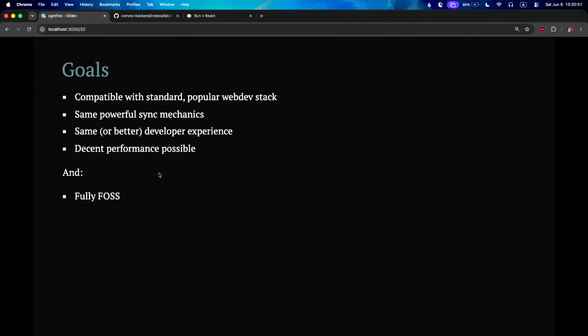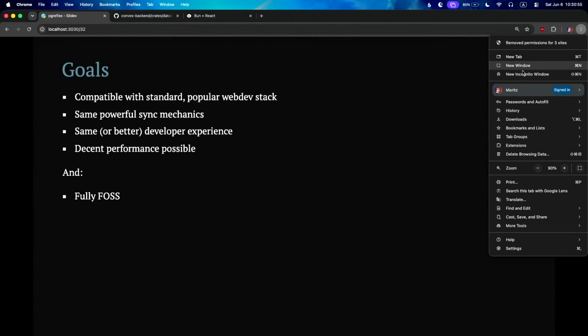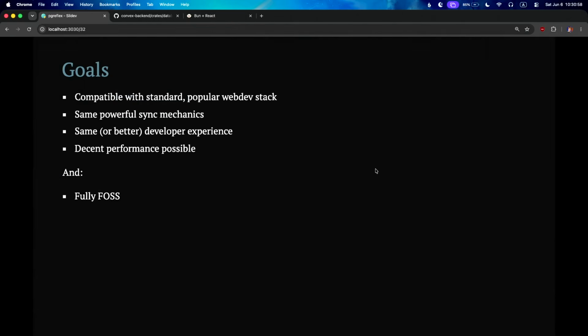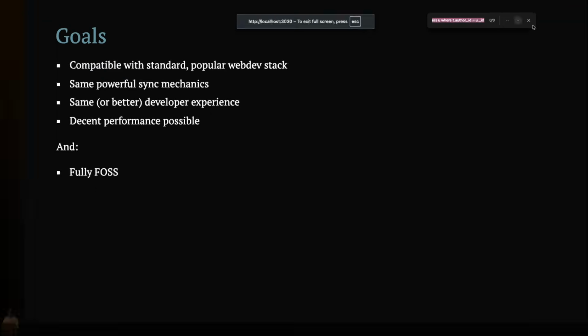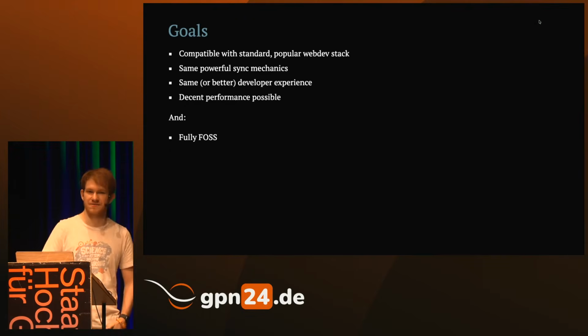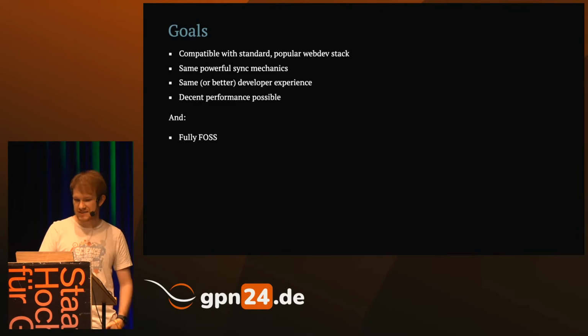And I want this to be fully free and open source software. In this case, I've decided to go with the MIT license, which, even if it's loved by corporations, I want to do that. I want the same or better developer experience, which I can talk about a bit more towards the end. And I also want it to have decent performance.